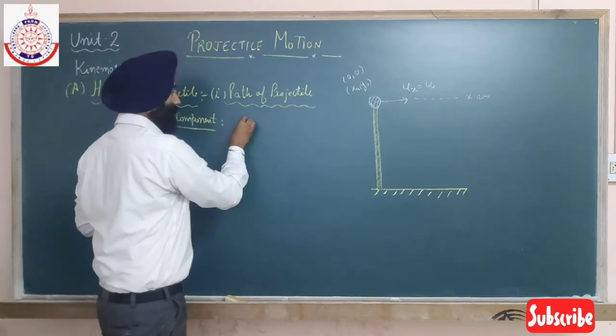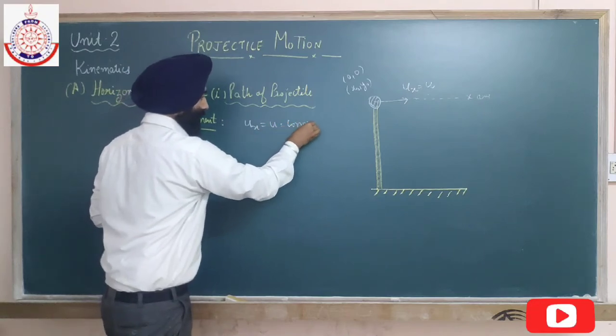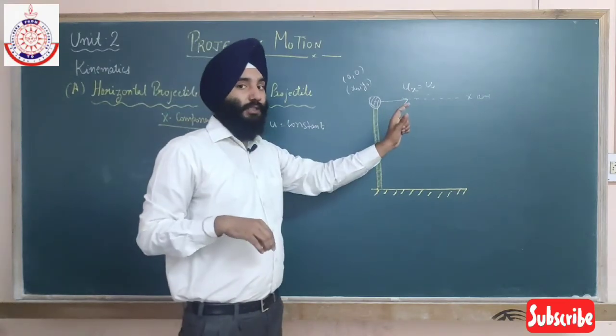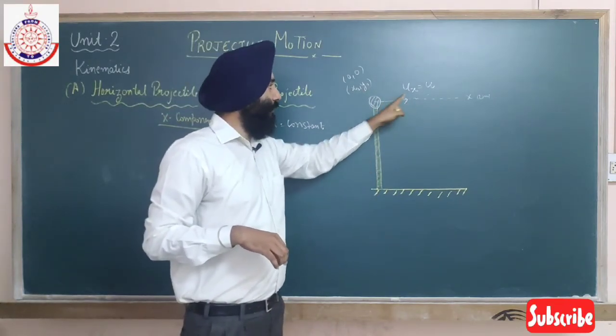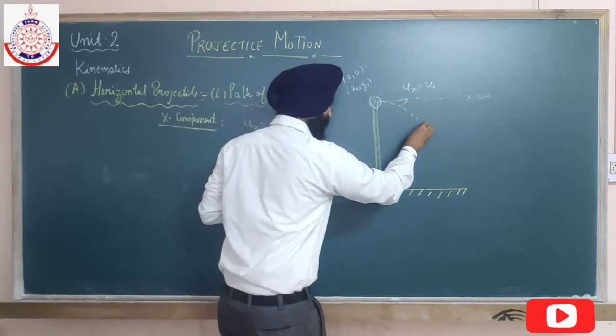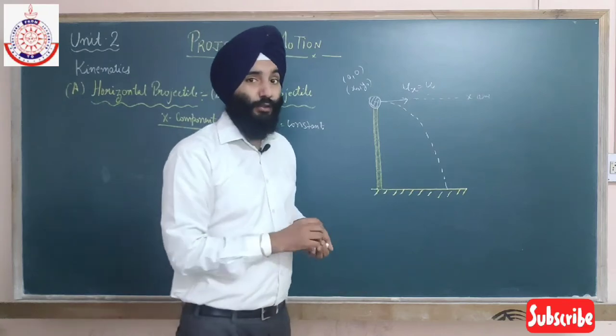That initial velocity ux is u, which is constant. At once I am giving an initial velocity to this object, and that initial velocity is u. And this projectile will follow a path like this. It will come down because of the effect of gravity.